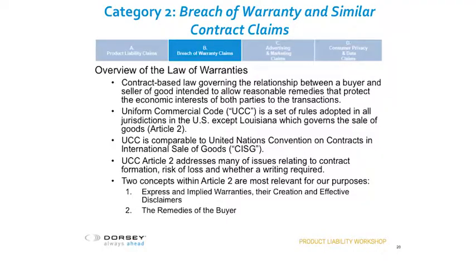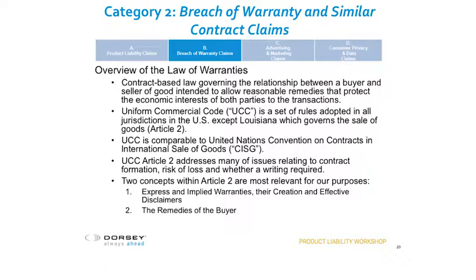We're going to pivot from the law of torts in product liability to the law of contracts. If the product has not caused injury to person or property, for the most part, the customer's complaint, but it's still an issue with respect to the product's performance or capabilities, the customer is going to be relegated to the law of contracts.